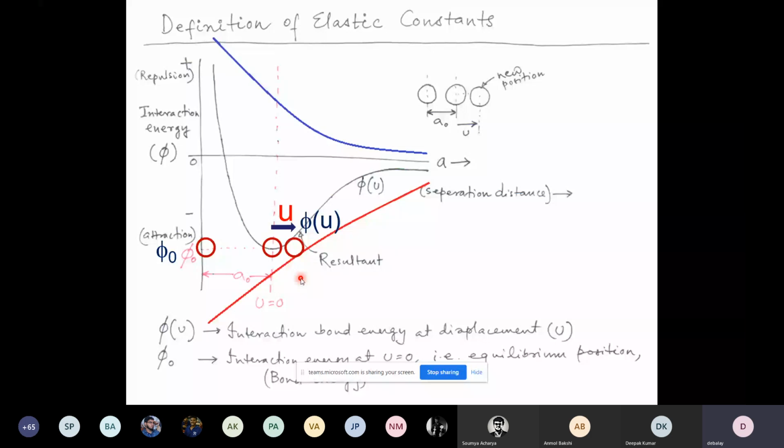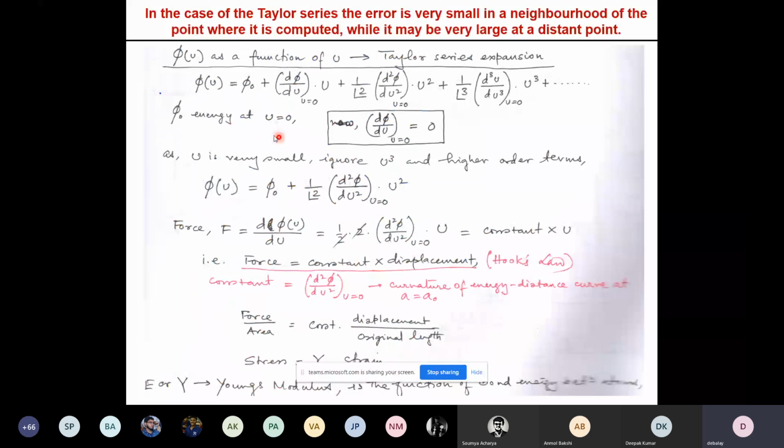So that is the funda of elastic deformation, as we have already discussed in our previous lecture.